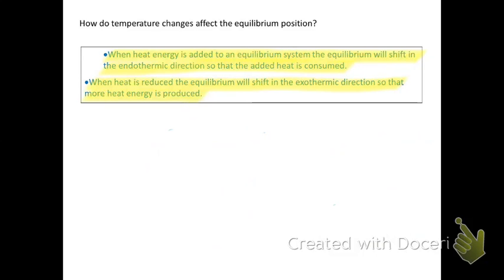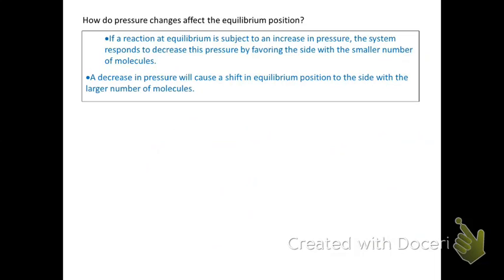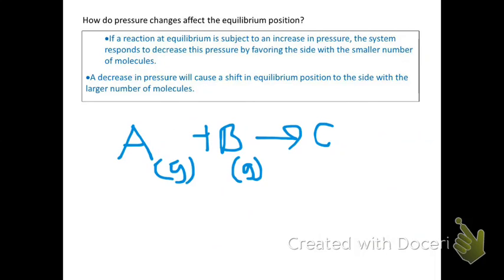Now, let's go on to pressure and see what happens with pressure. Pressure is only going to be affected if you're dealing with gas molecules. So let's say that we have gas A plus B, and we make C. Now, what you have to understand here is that there are more reactant molecules.